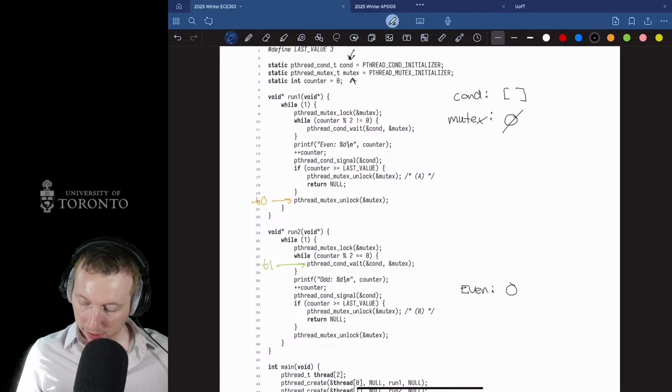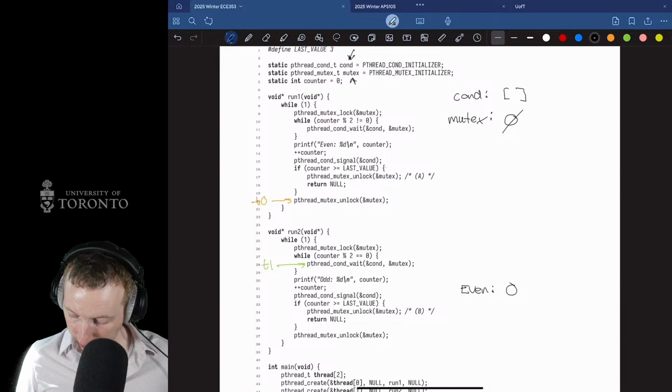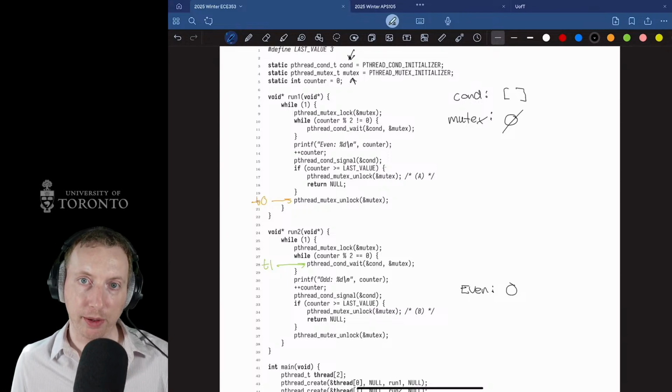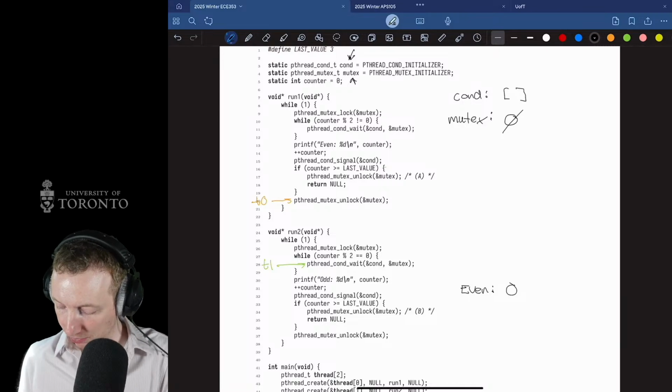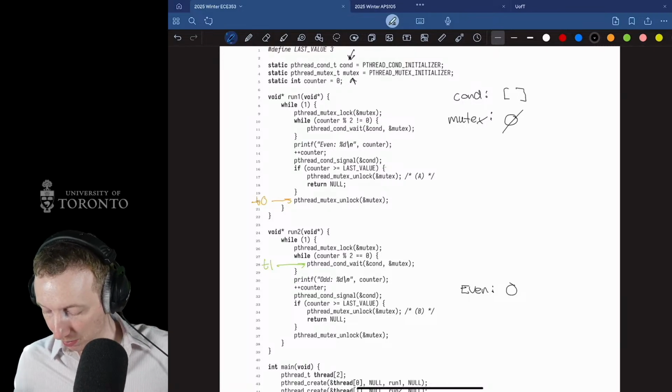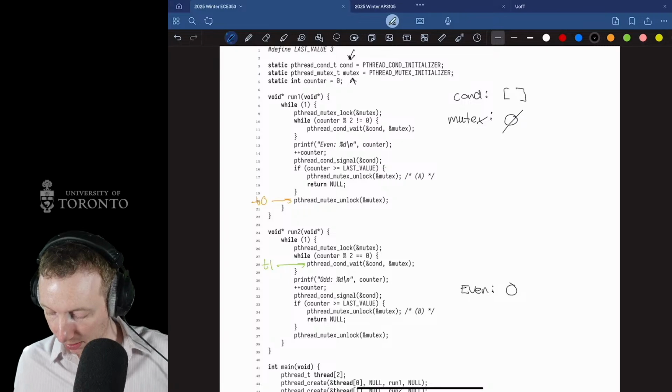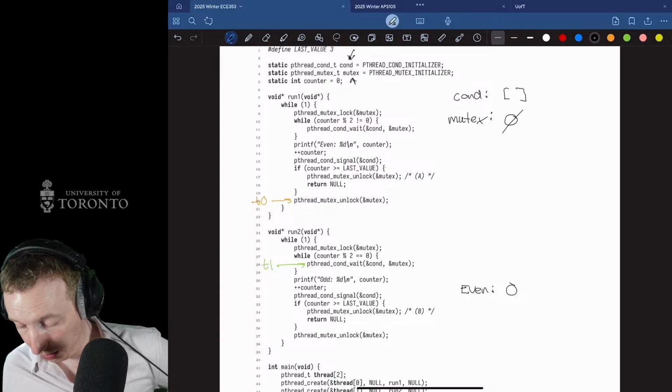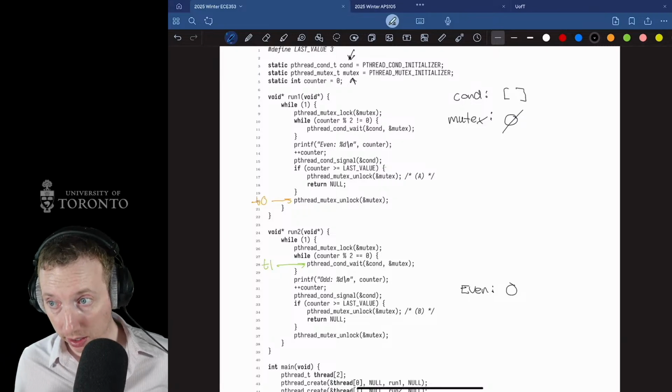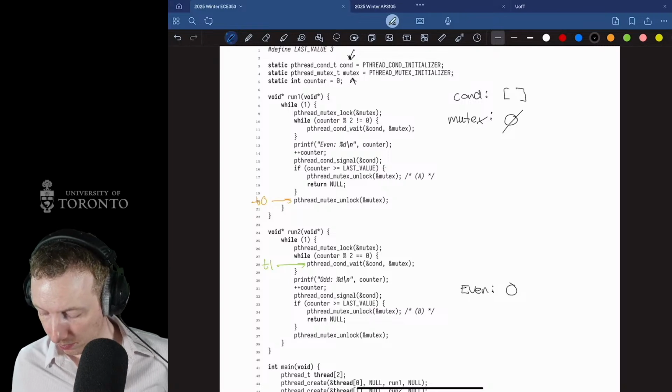Now, either we can continue with thread 1 or thread 0. If we continue with thread 0, just looking at this and getting a feel for it, it would wait, it would put itself in the queue because the current counter is not odd, it's even.